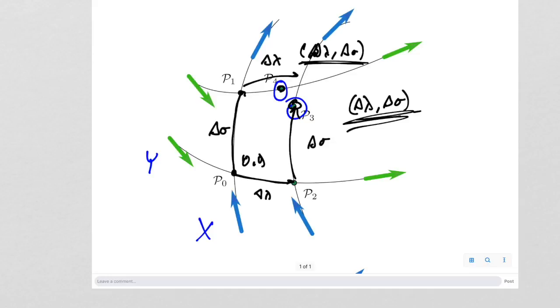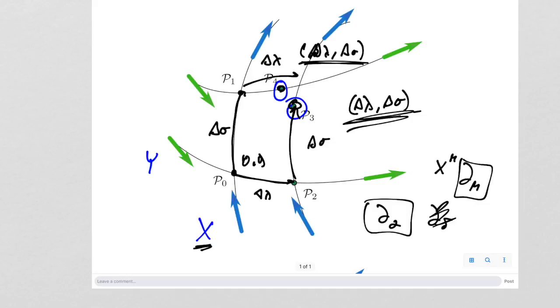You can find a coordinate system x mu where the basis vectors are given as partial derivatives from that coordinate system. That's what a coordinate basis is.